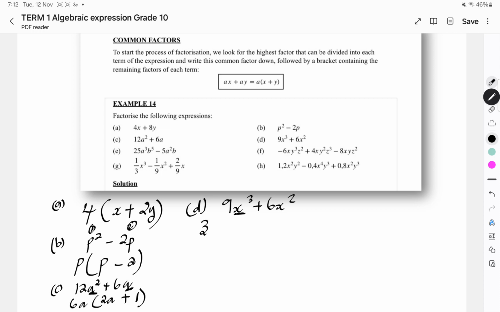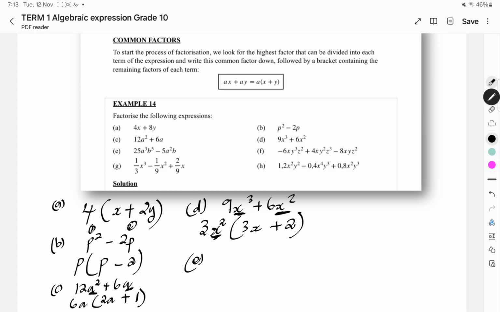And here I'm having 3 x's, this one is only having 2 x's. So the common one, the least that both of them have, is 2, so it's x squared. Then open bracket, 9 divided by 3, I get 3. 3 x's divided by 2 x's, I'm left with only 1 x. Plus 6 divided by 3, it's 2. And then 2 x's divided by 2 x's, it means this term is not left with anything in terms of the x. Then you're done.